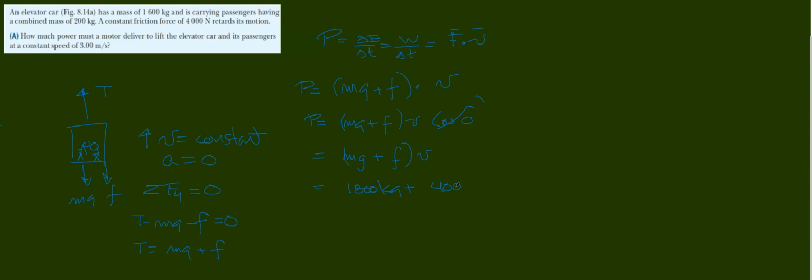Oh, I'm missing gravity here, sorry. Times 9.81 meters per square second plus the 4000 newtons of friction, and all of this times the velocity, which is 3 meters per second. I'm in kilogram, meter, second, so my power is going to be equal to 6.49 times 10 to the 4 watts.